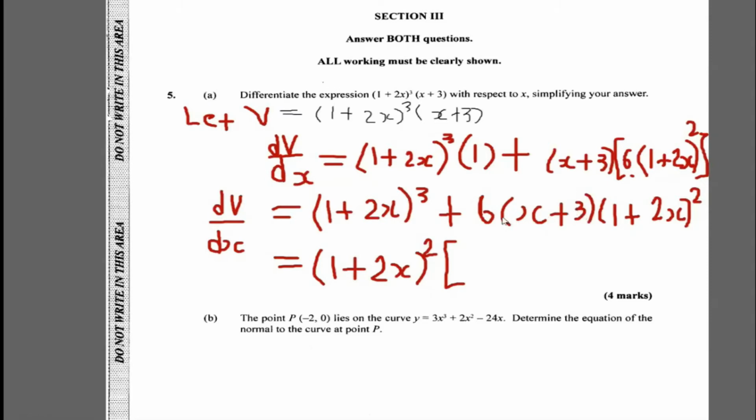So let me see if I can add them mentally here. We're going to have 1 plus 2x, and then the 2x plus 6x is 8x. And 6 times 3 is 18. 18 plus 1 is 19. So this works out to be (1 plus 2x) all squared times (8x plus 19). That's how you simplify that.